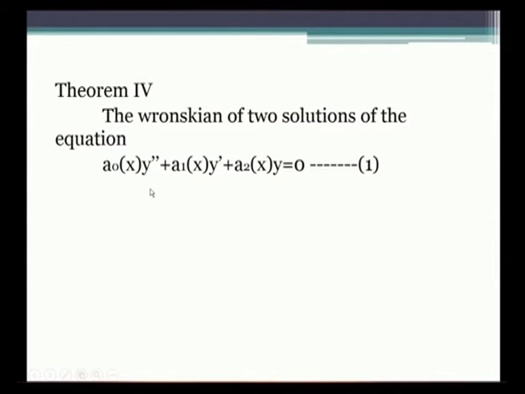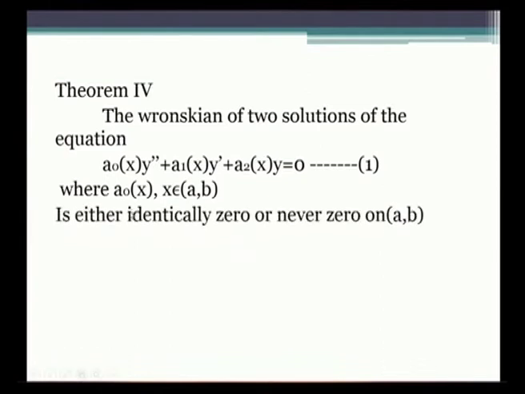The Wronskian of two solutions of the equation a naught of x y double prime plus a 1 of x y prime plus a 2 of x y is equal to 0, where a naught of x is nonzero for x belonging to a comma b, is either identically 0 or never 0 on the interval a comma b. So, this is Theorem 4.